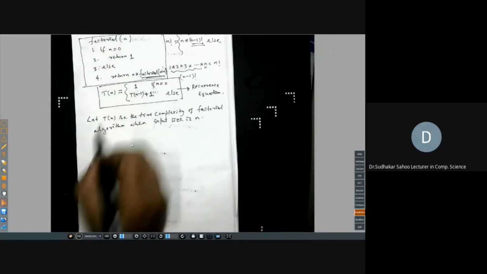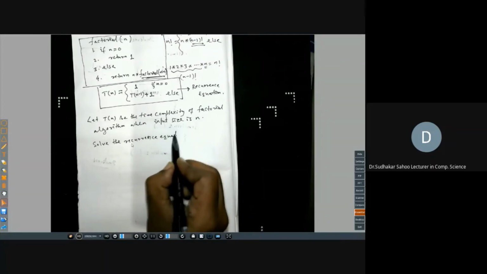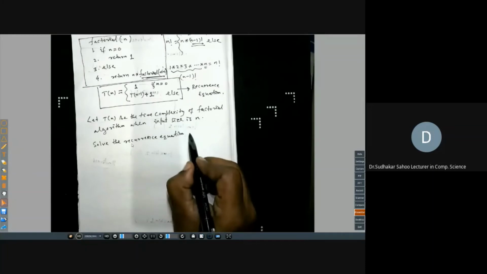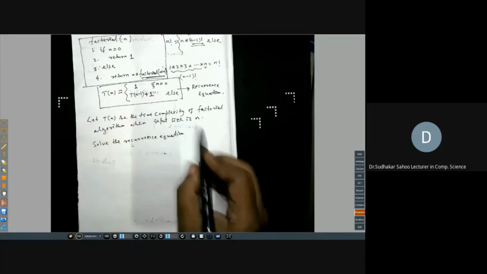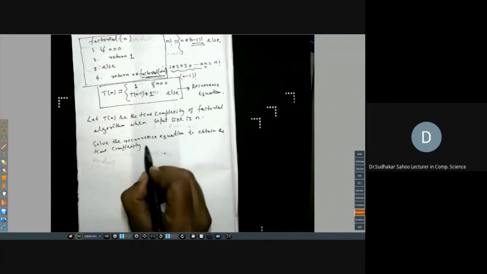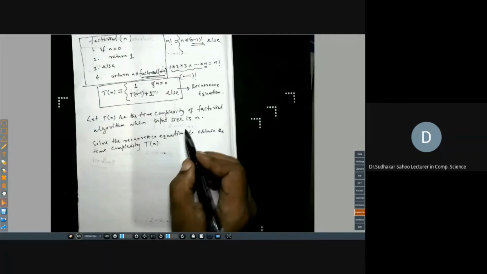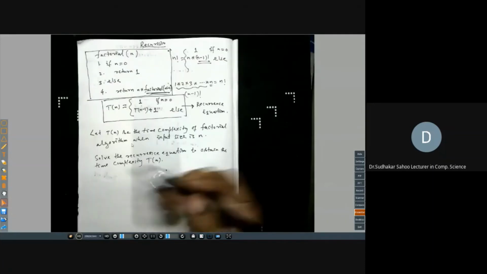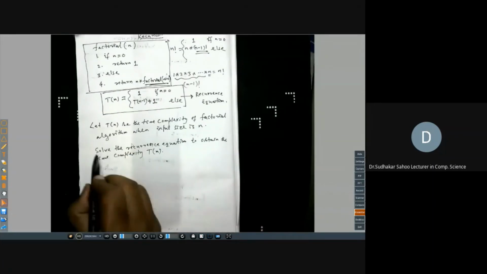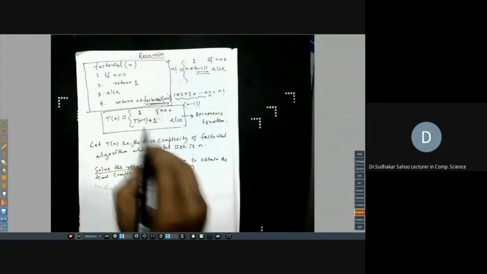Now your job is to solve the recurrence equation to obtain the time complexity in terms of theta, the asymptotic notations. So my question reduces to how to solve these recurrence equations.